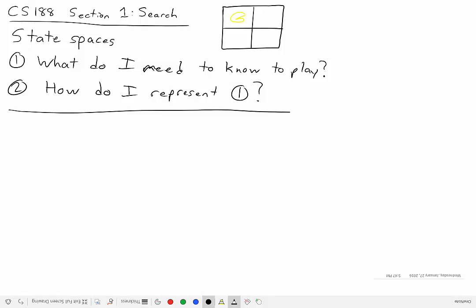Now, for state spaces, there's in general two separate components that we can talk about. First, we can talk about the world state. What's part of the world state? In general, it's everything that stays constant.